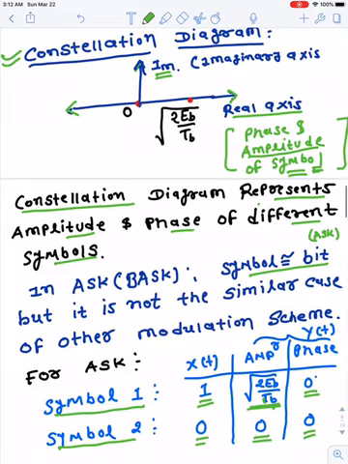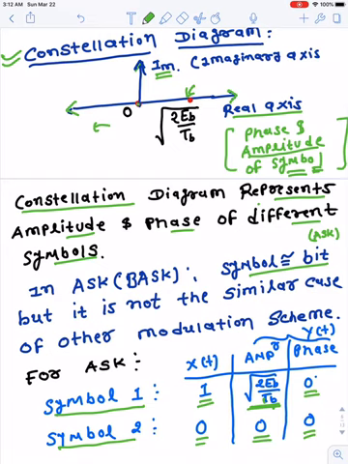The first symbol is square root of 2 EB by TB, and the second symbol is 0. In this constellation diagram, if we put one dot here, 0 is put at the origin, and the value of square root of 2 EB by TB is a real part, so it can be put on the real axis, over here because it's positive and real. If something is negative and real, we can put it here.